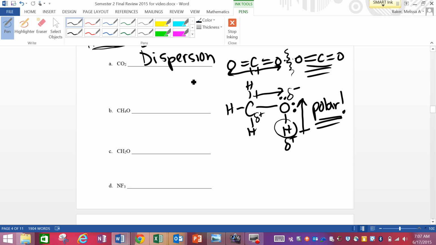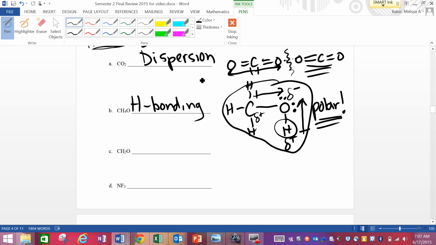Does it have an H directly bonded to an F, an O, or an N? Yes, it does. So these molecules have hydrogen bonding forces. What that means is this molecule with another molecule exactly like it, that force is hard to break between them. I'm sorry, it's not a bond, it's a force. It's an attractive force.